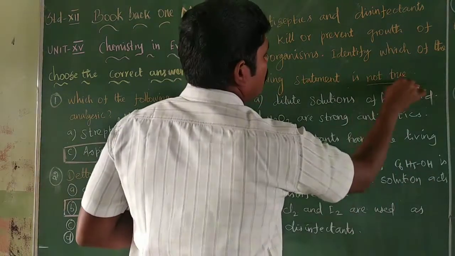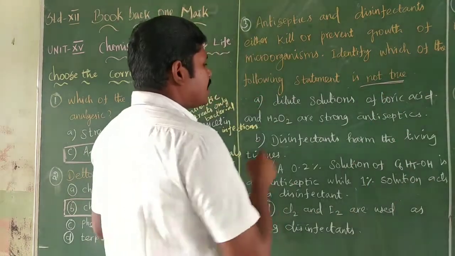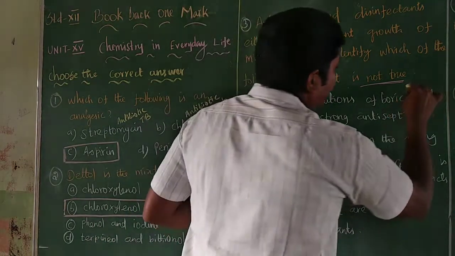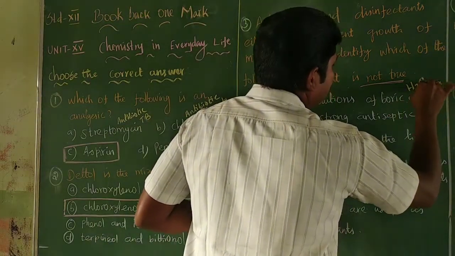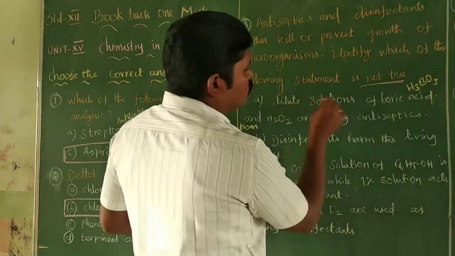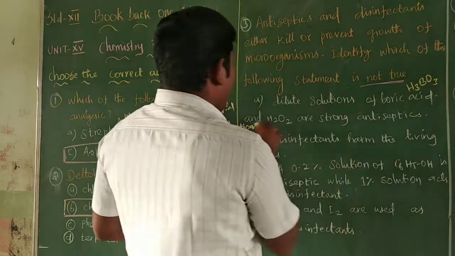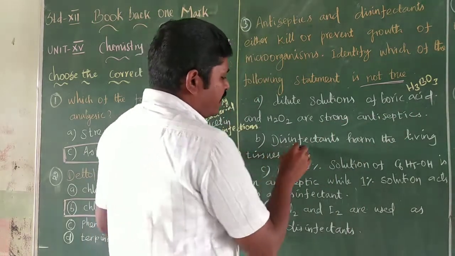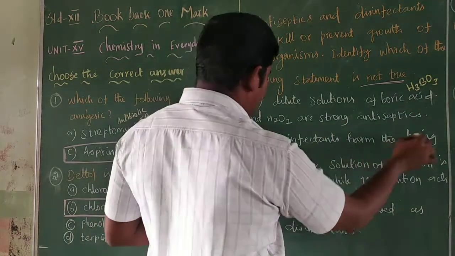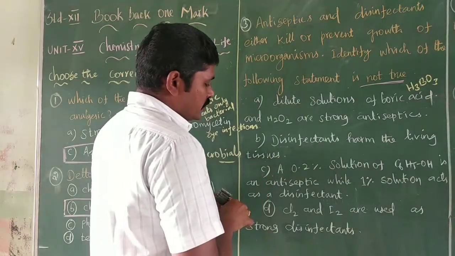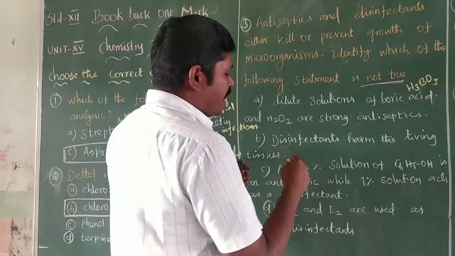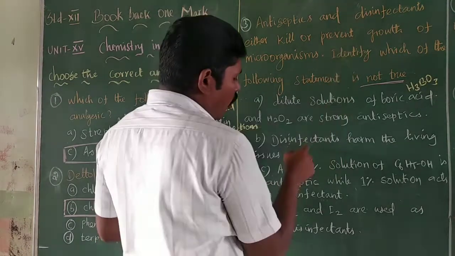Option A, the dilute solution of boric acid, H3BO3, and hydrogen peroxide are strong antiseptics. Option B, the disinfectants harm the living tissues.